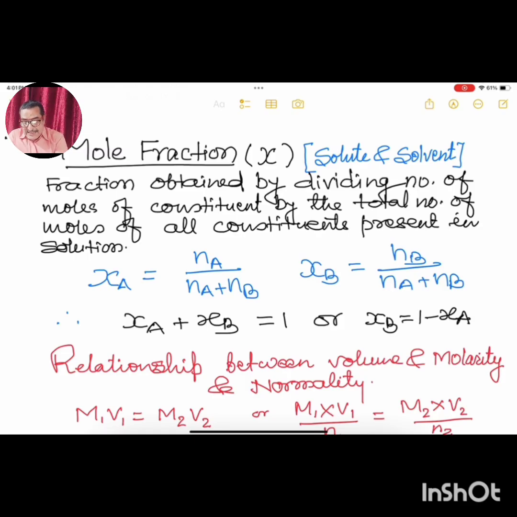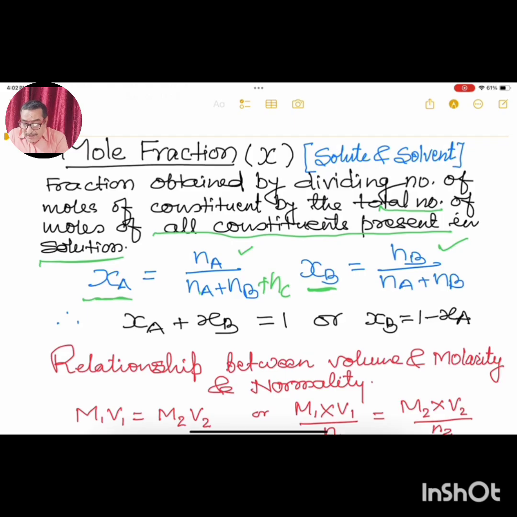Actually, mole fraction is a fraction obtained by dividing the number of moles of the constituent by the total number of moles of all constituents present in the solution. Suppose it is binary, no problem. It may be ternary. If it is binary, then mole fraction of component A equals Na upon Na plus Nb. Suppose it is ternary, then we mention plus Nc also.